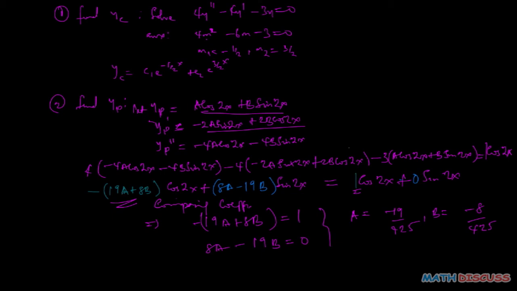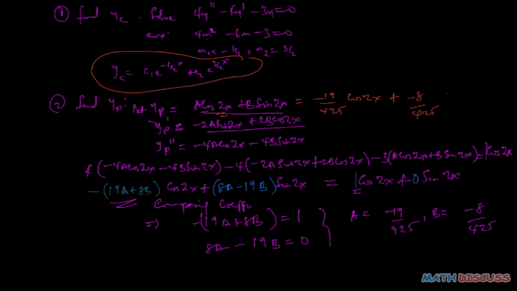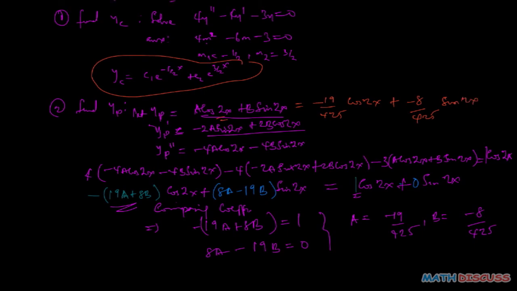So now we have our yc, which is what we have up here, and we also have our yp, which I'm going to write as minus 19 over 425 cosine of 2x plus minus 8 over 425 sine of 2x.